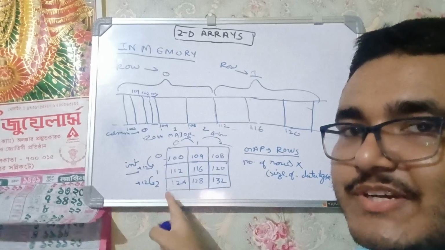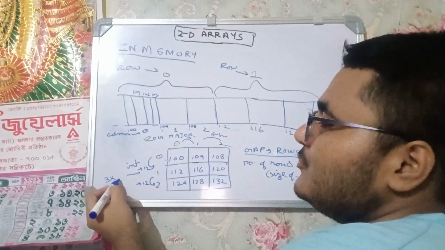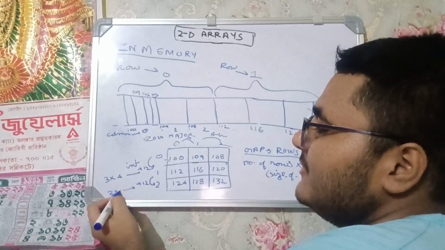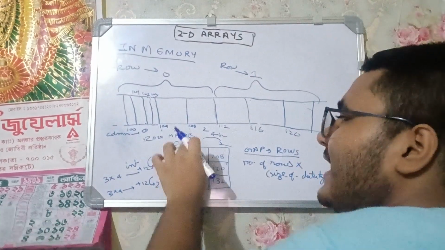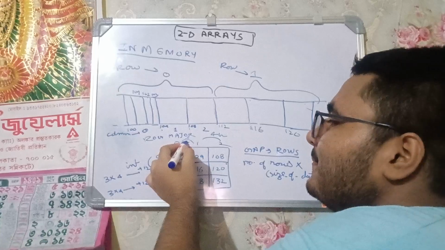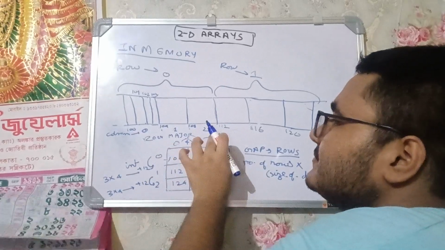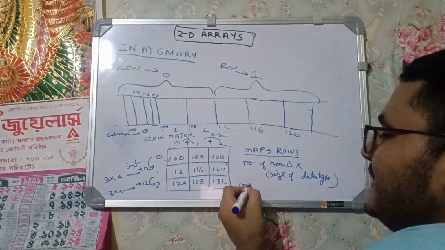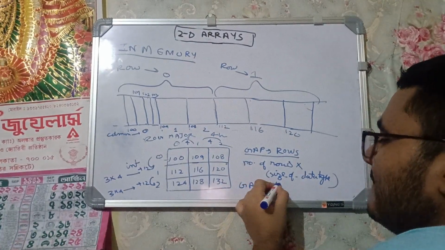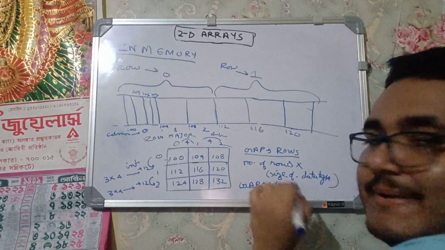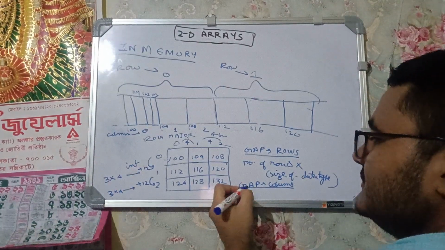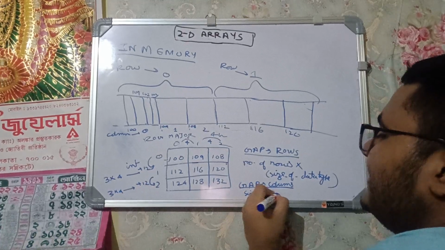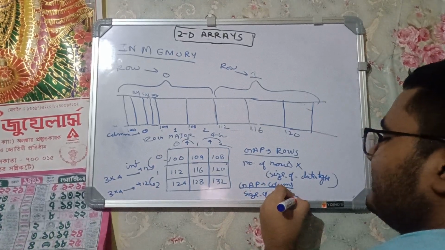How many rows we have? 3. 3 into size of data type. Int is 4. Size of int is 4. So 3 into 4 is 12 bytes. And in here it is 4. So the gap between columns is size of data type.